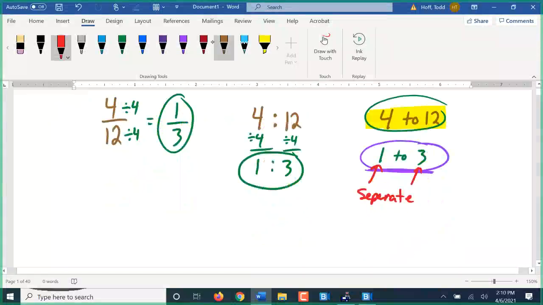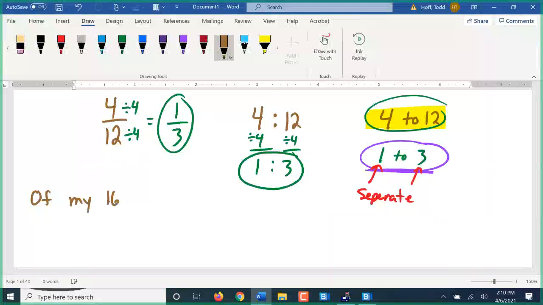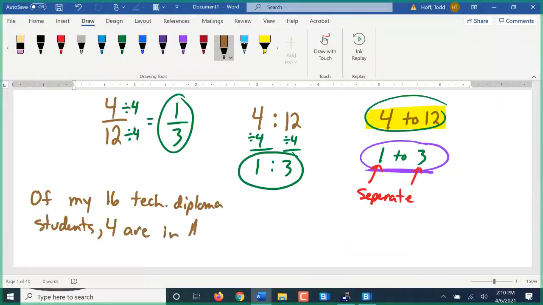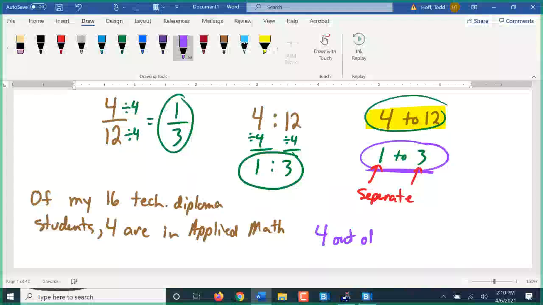I might say that of the 16 students, of my 16 technical diploma students, 4 are in applied math. Well, that would not necessarily be expressed as a 4 to 16. That would be expressed as 4 out of 16.